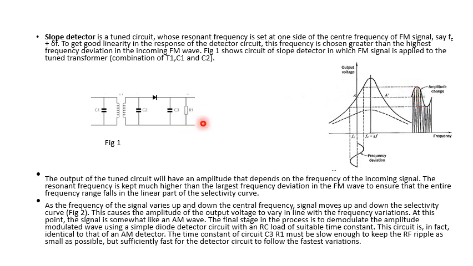During the time when the RF signal goes from top to bottom and again comes to top, the RC circuit should slowly discharge. Therefore, these fluctuations will smoothen out. But it should be fast enough to follow the fastest variations. So it should be a combination of these two requirements, and that gives us the exact value of the time constant of the RC circuit.